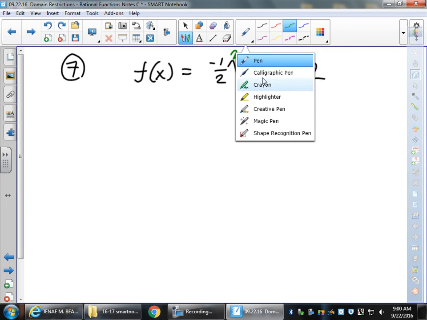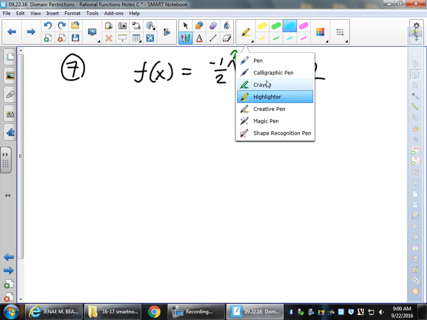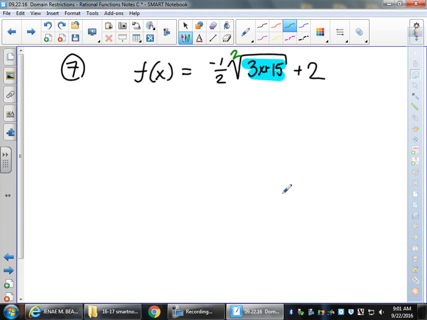So what are we gonna highlight? Just the inside. The 1/2 doesn't matter. The 2 doesn't matter. So let me say again, this symbol that you've been drawing forever has always had a little 2 right here. It's just never actually written like that.